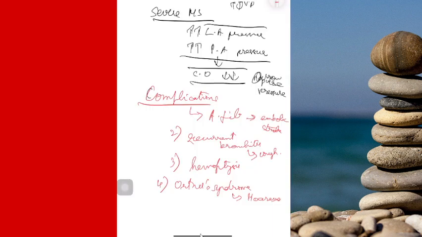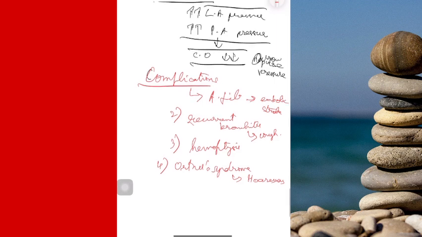You can have what is called Ortner syndrome. Ortner syndrome is basically due to compression of your left recurrent laryngeal nerve. As far as my anatomy knowledge is concerned, the left recurrent laryngeal nerve comes down to take a loop around your aortic arch and then goes back and supplies the muscles of the larynx.